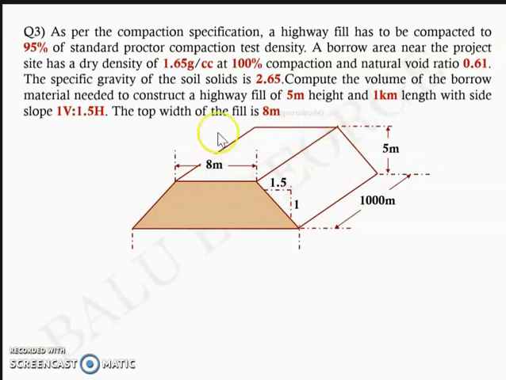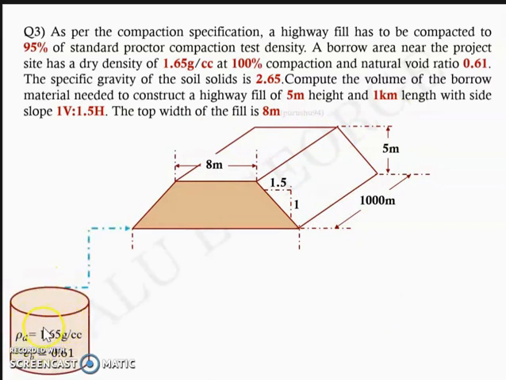Now, the dimensions of the embankment are given here: 8, 5, 1000, etc. And the borrow pit is somewhere else, right? The borrow pit has a dry density of 1.65 gram per cc, and the voids ratio, which I've represented as EB, is 0.61. So essentially, you are trying to dig a hole from the borrow pit.